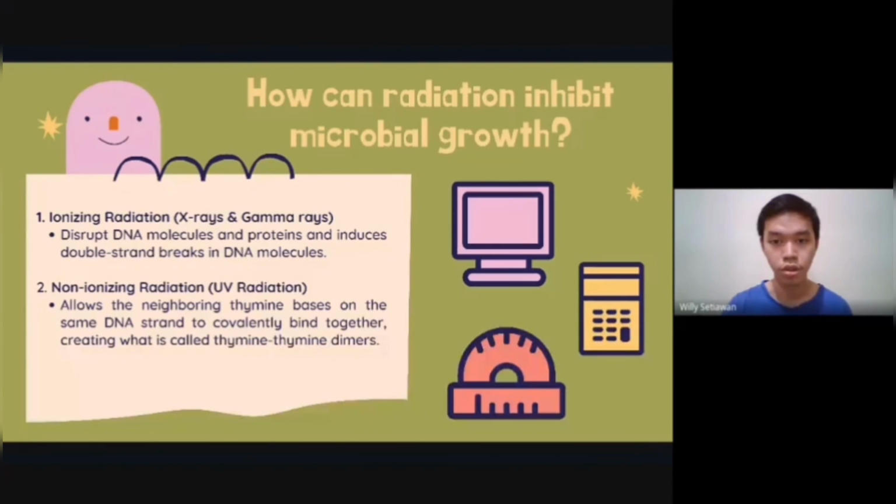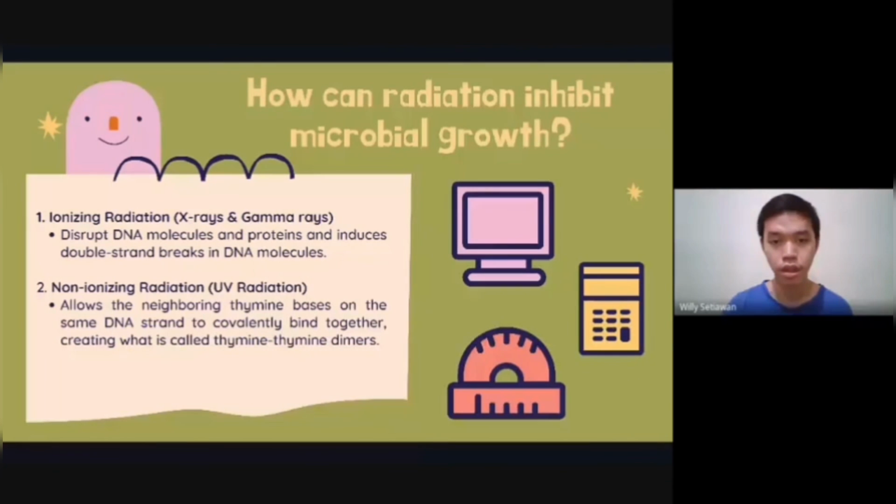This could directly cause DNA mutation, or mutations can be added as a cell tries to repair DNA damage. As these mutations build up, they eventually contribute to cell death. The second is non-ionizing radiation, such as UV radiation.